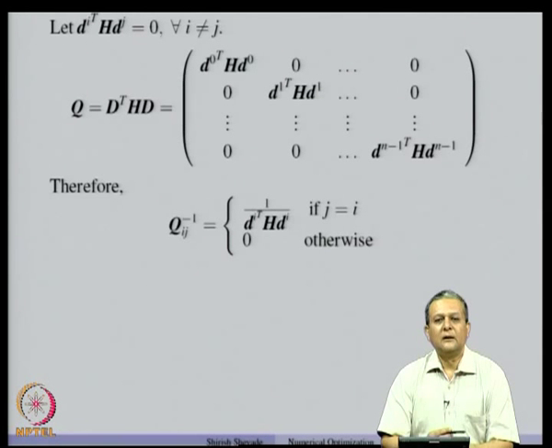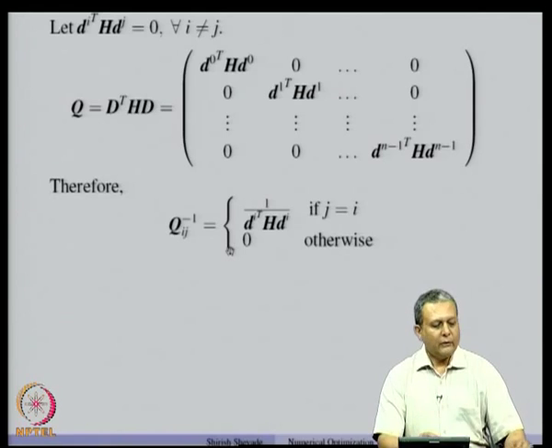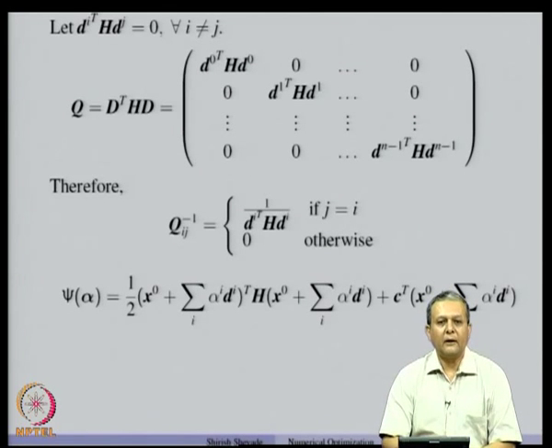So, what we get is H x plus c equal to 0, or in other words x equal to minus H inverse c. That requires inversion of a Hessian matrix, and that inversion is easy if we have H to be a diagonal matrix. So, Q inverse is like this.